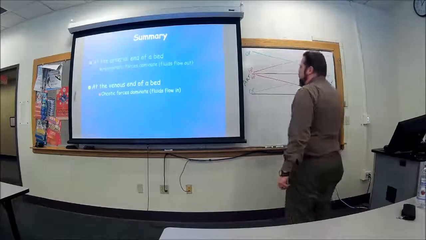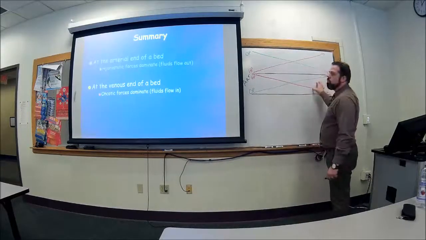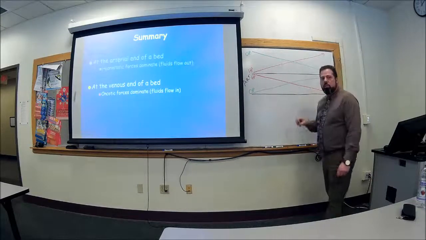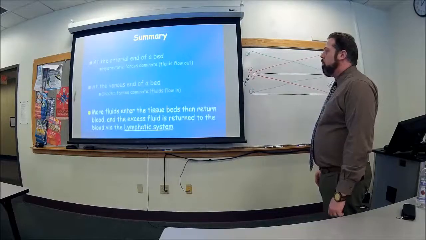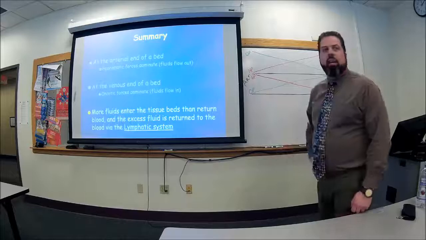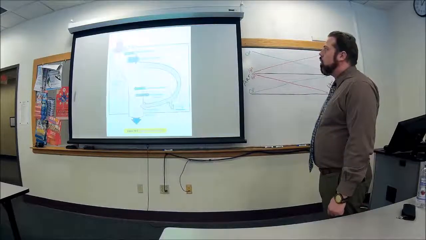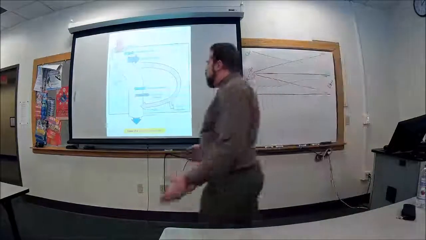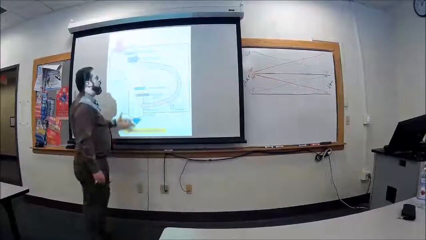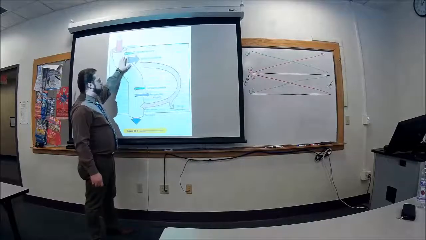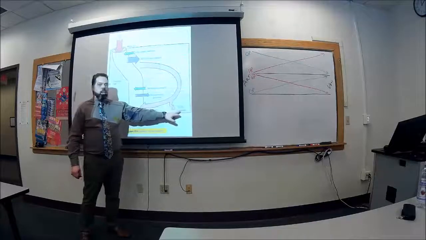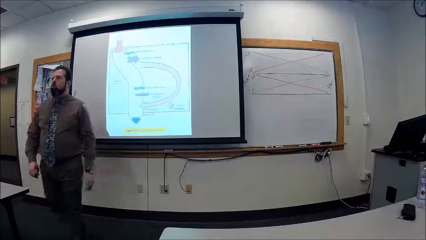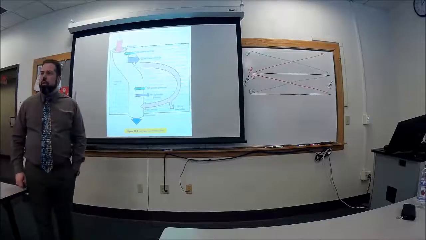At the venous end, the oncotic pressure forces in the capillary are going to pull it into the capillary. Okay? All right? More fluids, and this is where the lymphatic system comes in. All right? And again, this is just showing you the same principle about osmotic or oncotic pressure, which way it goes into the interstitial area, how it gets back. Again, about 10% or so is going to go back to the circulation by the lymphatics.